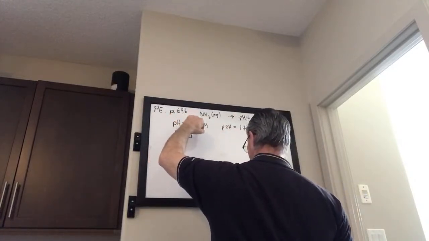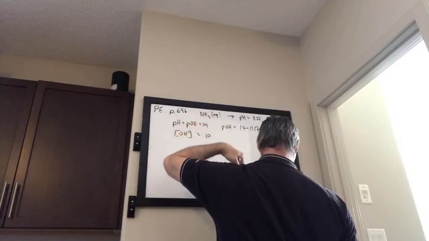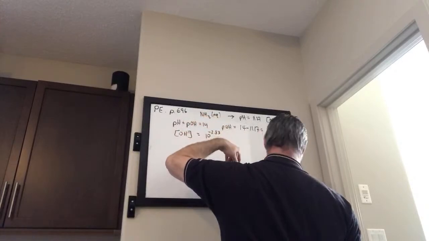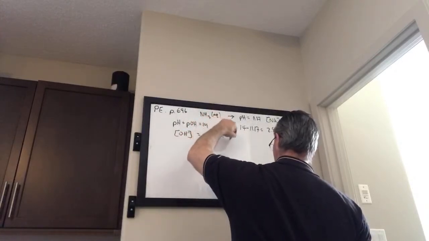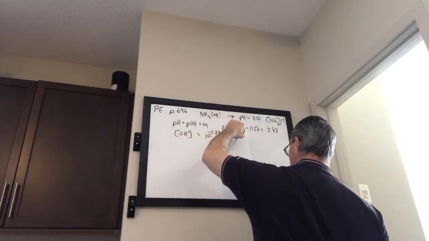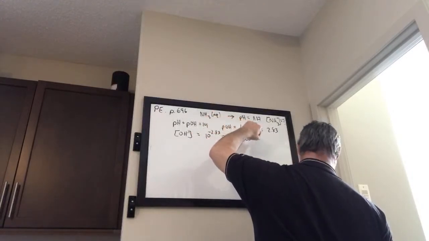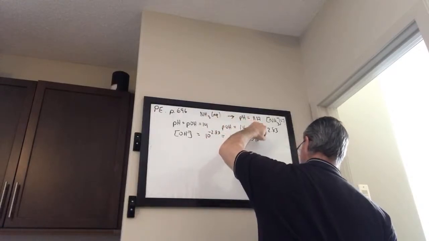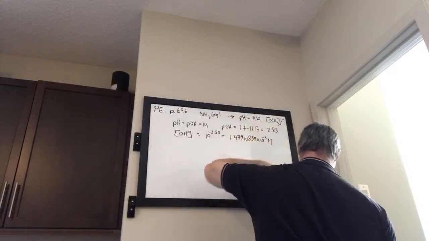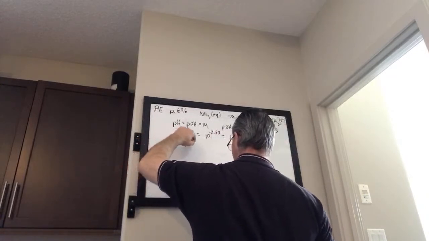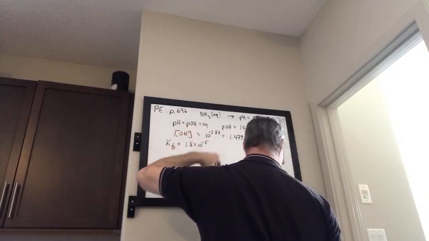The OH minus concentration is going to equal 10 to the negative 2.83. That gives you an OH minus concentration of 1.47910839 times 10 to the negative 3 molar. Kb for ammonia is 1.8 times 10 to the negative 5.